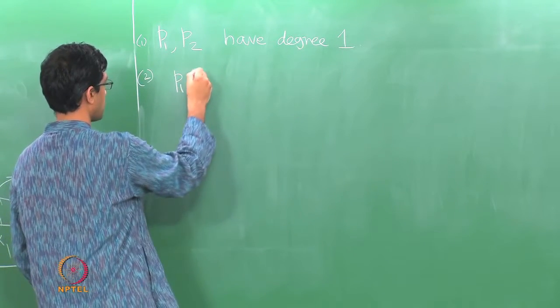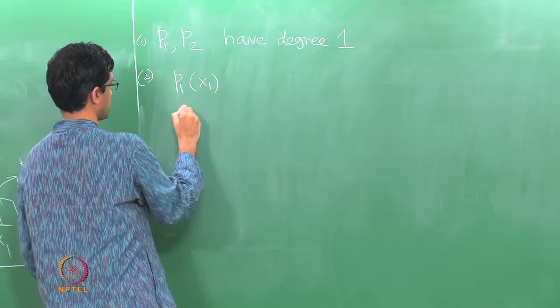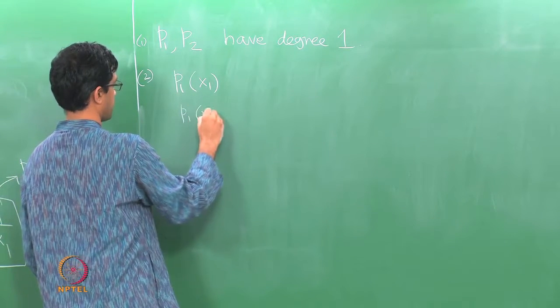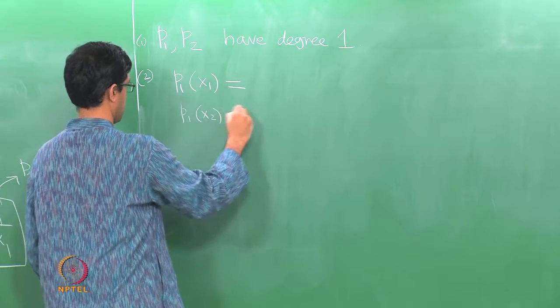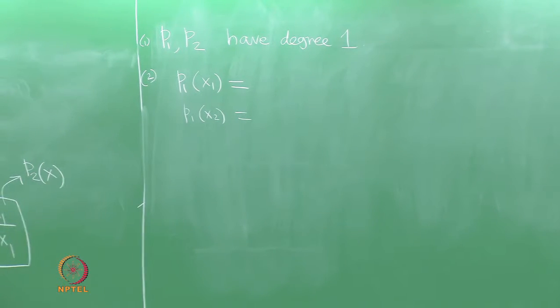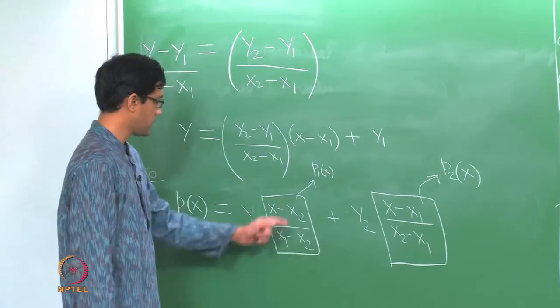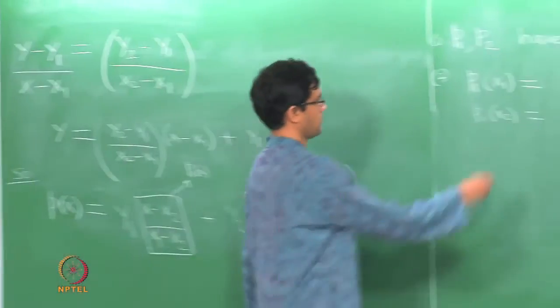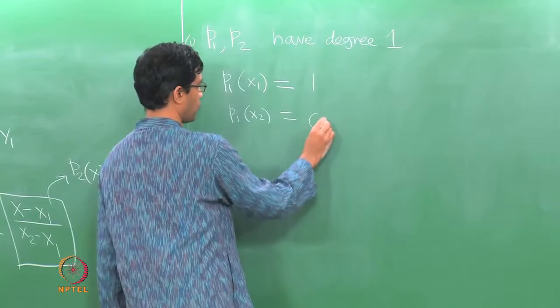If you take p1 and you evaluate it at x1 and x2, if you put x1 for x, then what you get here is just 1, whereas if you put x2 you get a 0.